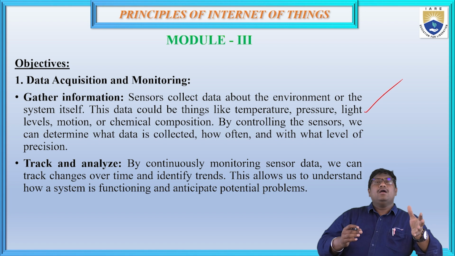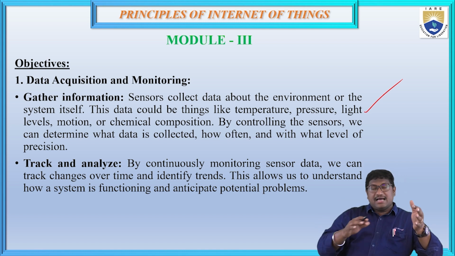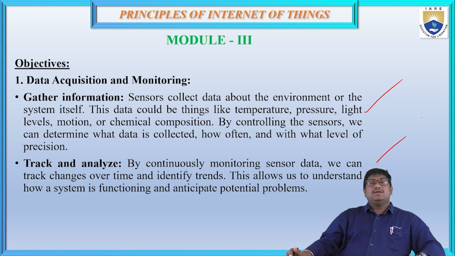How do we need to control these sensors? We need to know what kind of data is collected and what level of precision exists in this data. These are the things which come under controlling. And coming to the second one, track and analyze. Continuously, we need to monitor the sensor data. Why?